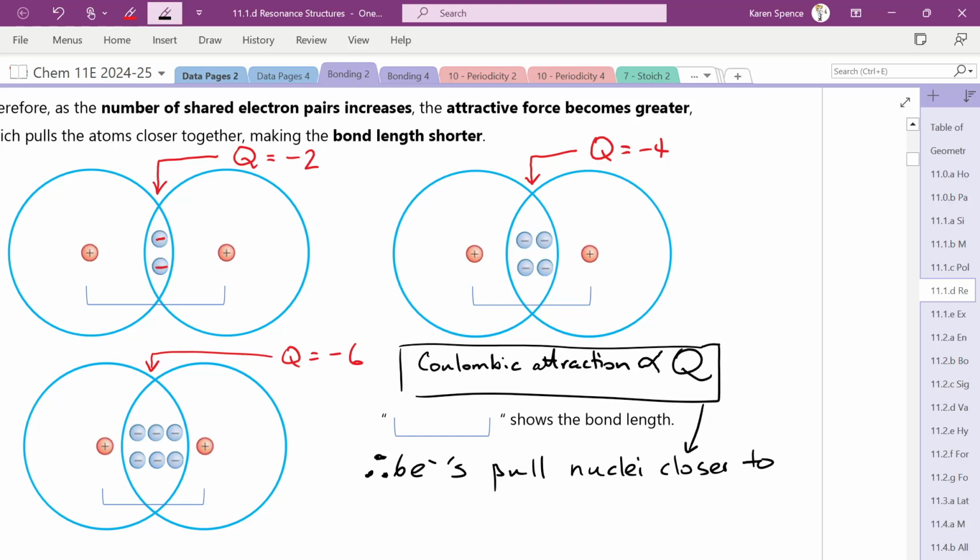Why will this not erase? There we go. To each other. Or maybe I should say closest. 6 electrons pull the nuclei closest to each other. Therefore, N triple bond N is the shortest.